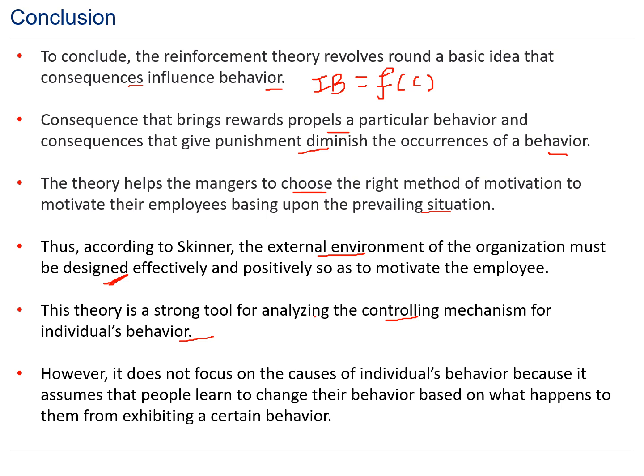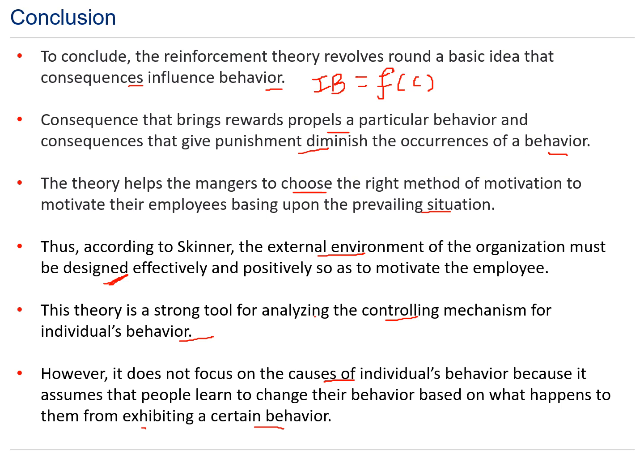However, this does not focus on the cause of individuals' behavior, as it assumes that people learn to change their behavior based upon what happens to them from exhibiting a certain behavior. This model clearly states that the behavior of an individual can change from the consequences they get.